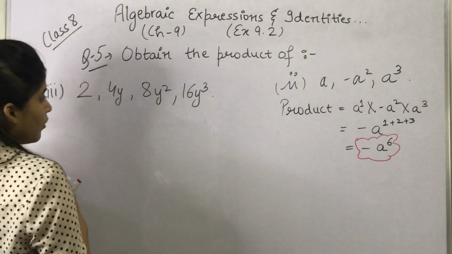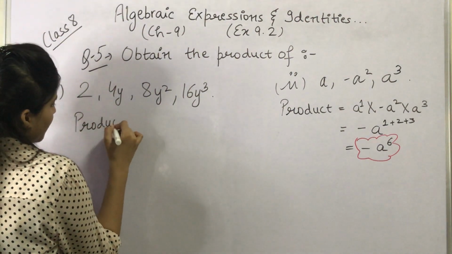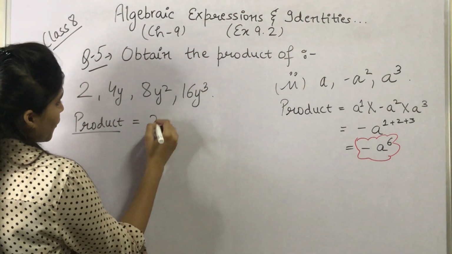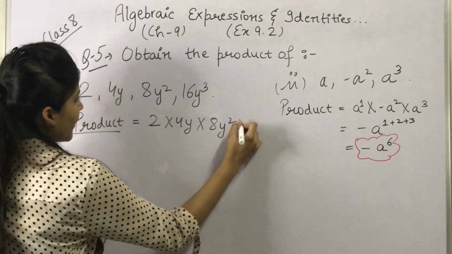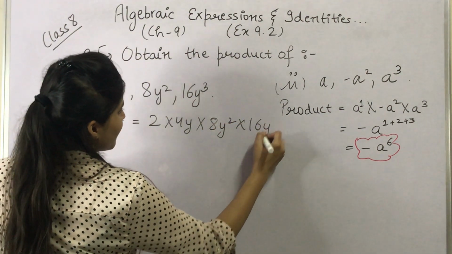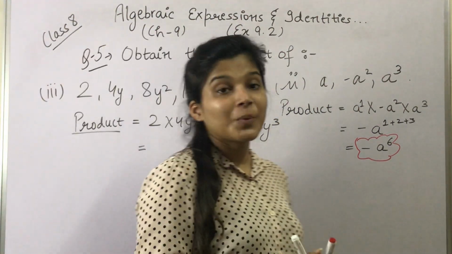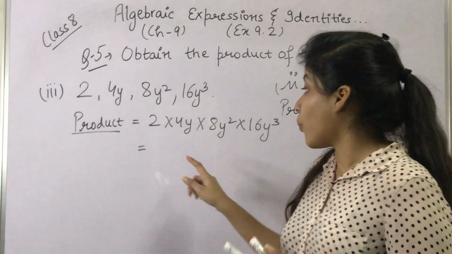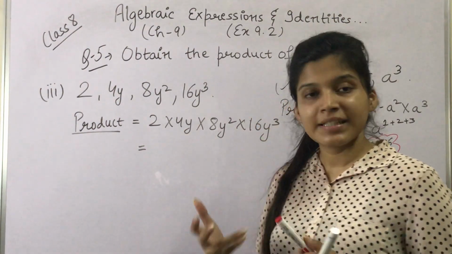So product will be equal to 2 into 4y into 8y square into 16y cube. So now let's multiply the numerals first. Okay, now 2 4s are 8 and 8 8s are 64.